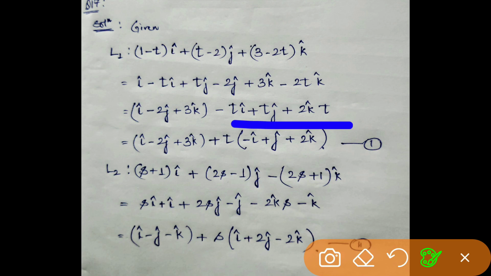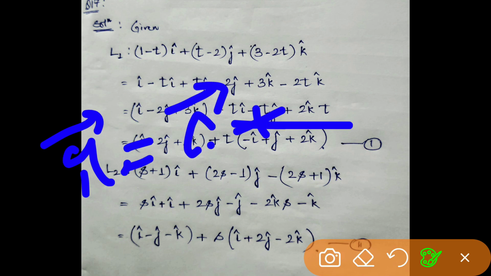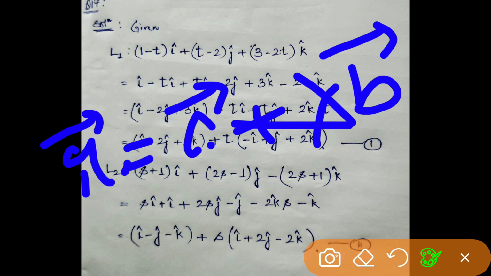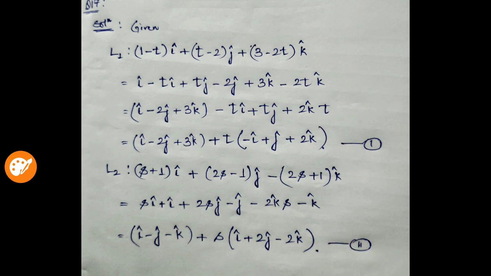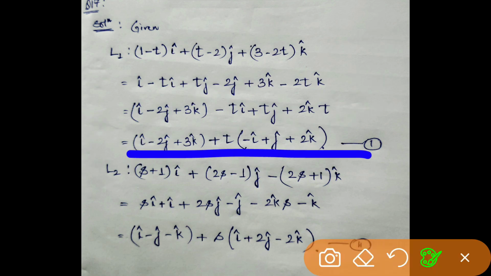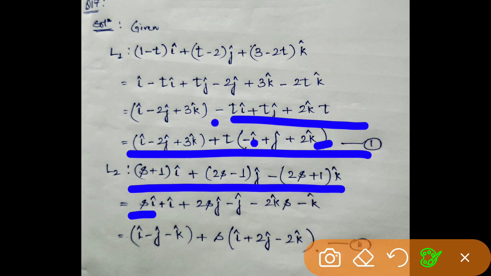Our equation form is always like this: r equals a vector plus lambda b vector, right? Here there is a plus, you can clearly see that, so we will try to keep plus in our equation. So I have taken plus t common from here, and I kept the minus inside, so you can see minus i plus j plus 2k, right? Similarly here, I have multiplied i inside.